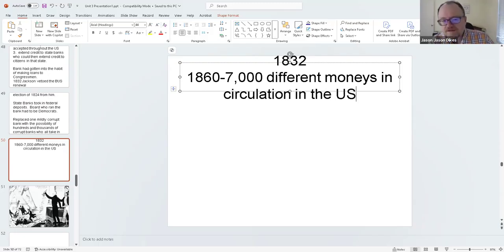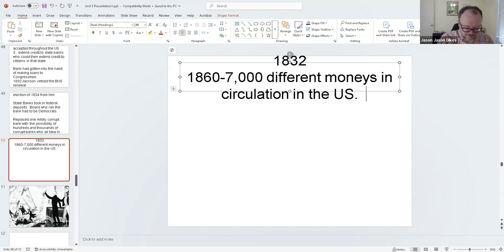So instead of having one paper money system that the Bank of the United States provided, we have 7,000 different monies in circulation in the US. So it caused massive problems for Lincoln, the Civil War.